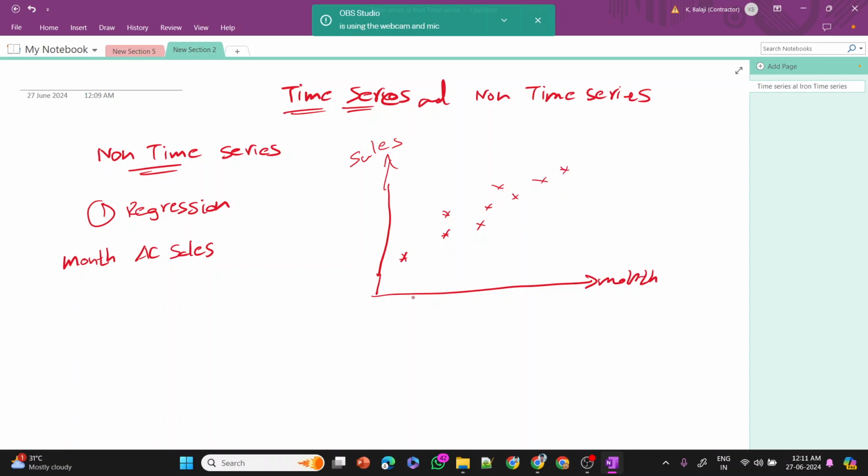In x-axis, there is month, Jan, Feb, like that. So after training the model, it forms a regression line like this.